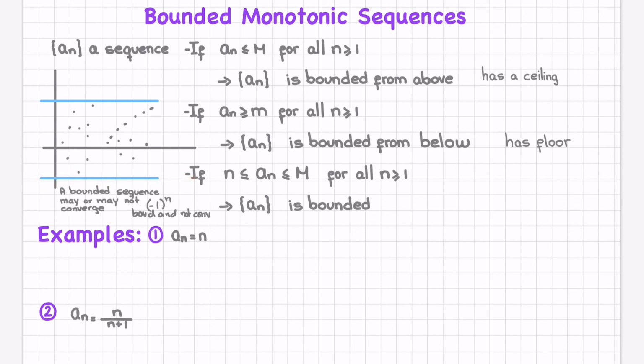And if all the numbers of your sequence are both below one number and above another number, then we say it's bounded. So for a sequence to be bounded, it has to be bounded from below and also bounded from above. So a sequence is bounded if it has both bounds.